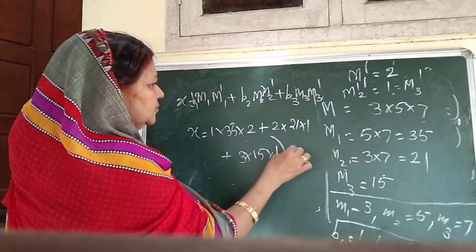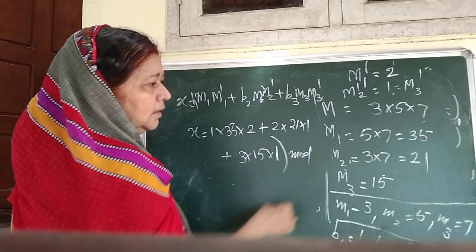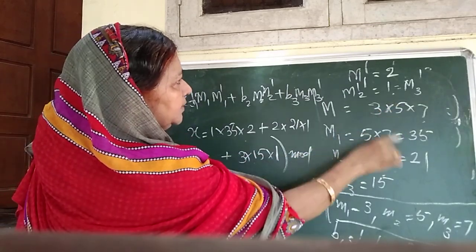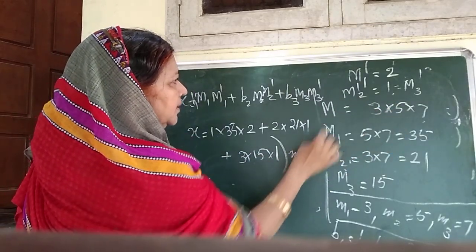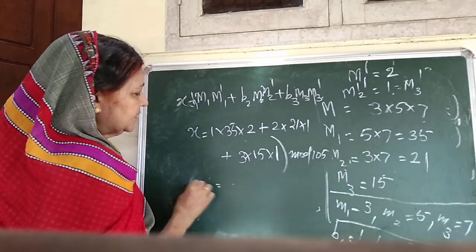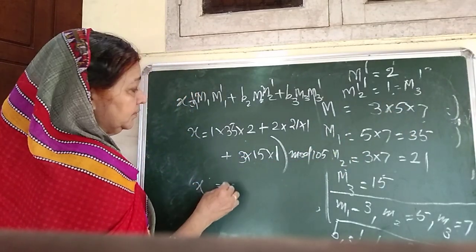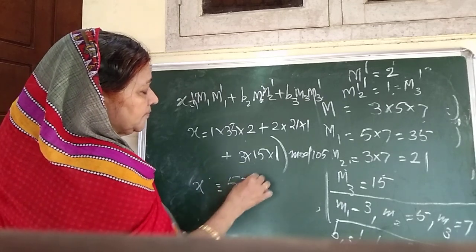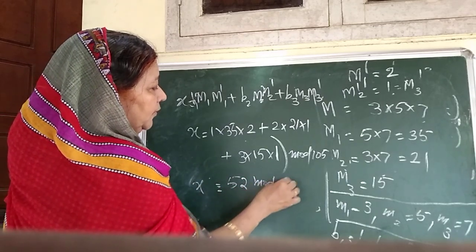The solution is mod m1 m2 m3, that is capital M, which is 105. On simplification we can see that x is congruent to 52 mod 105.